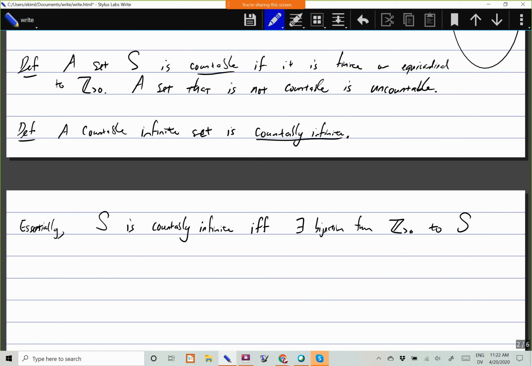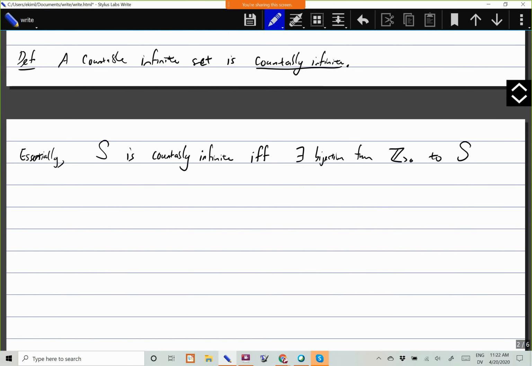So this language is maybe not ideal, but why the word countable? Why is this word being used? The idea here is that you can count. If you have a countable set, even a countably infinite set, they're saying that you can count.